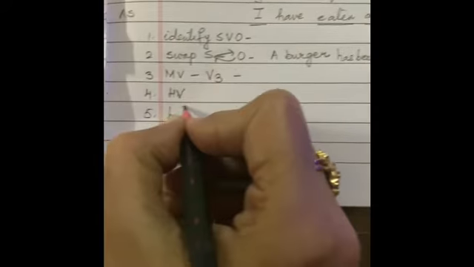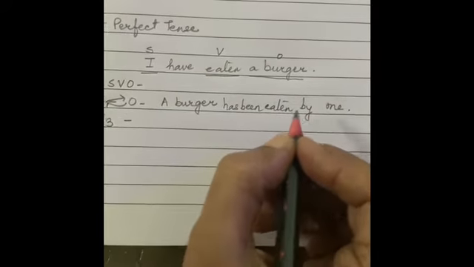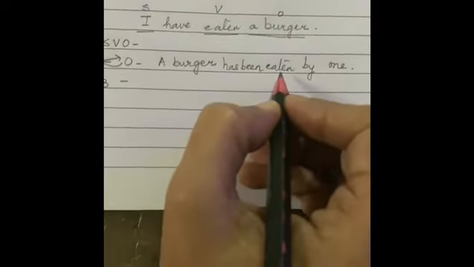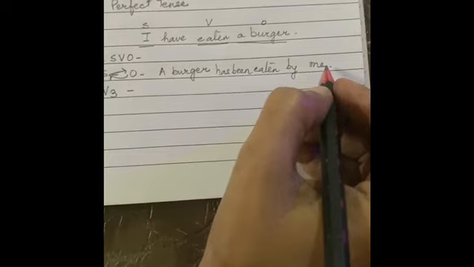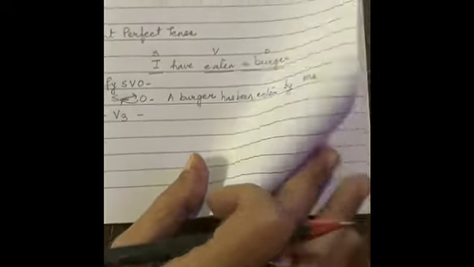And now the fifth, lastly, what will be written? By preposition. Fine. And now the passive sentence is, a burger has been eaten by me. Hope you've understood.